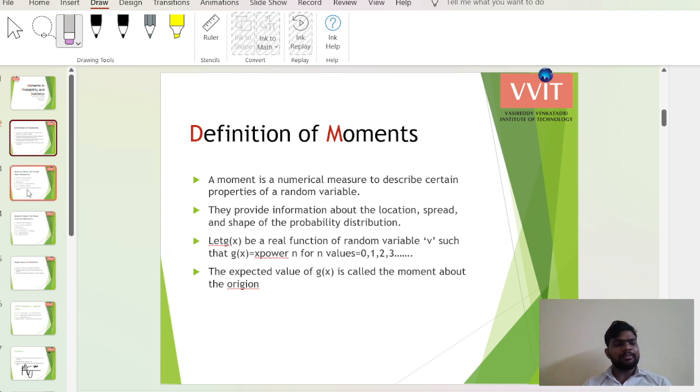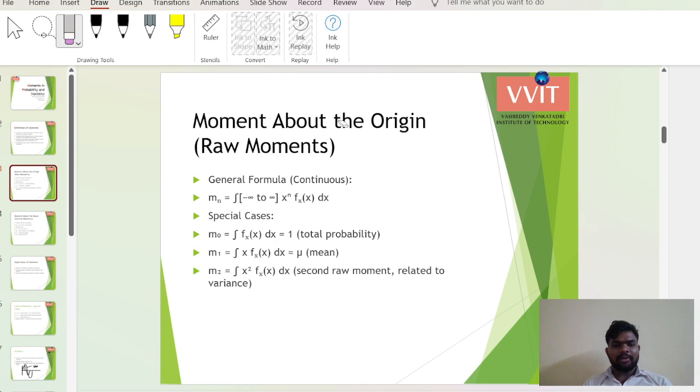This is the moment about the origin. This is the continuous formula. Mn is equal to the integral from minus infinity to infinity of x power n f of x dx. This is the continuous equation.